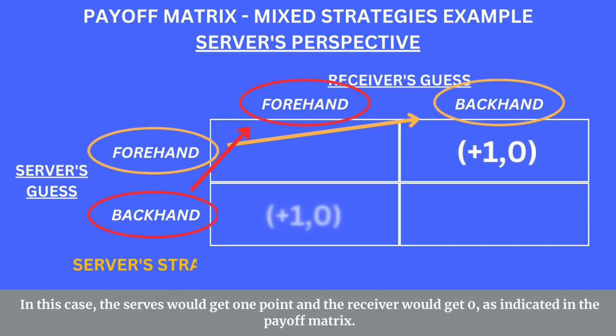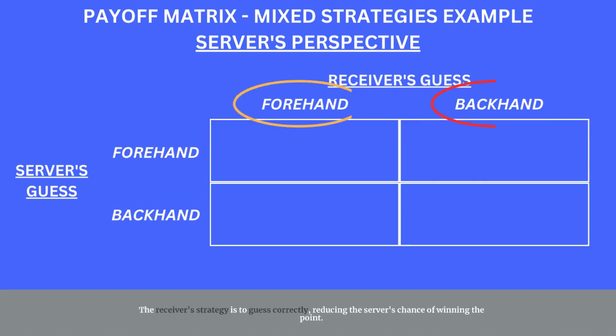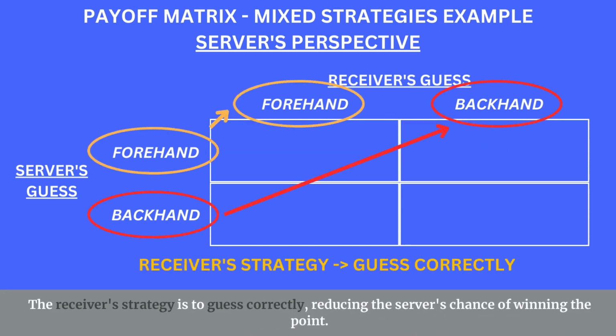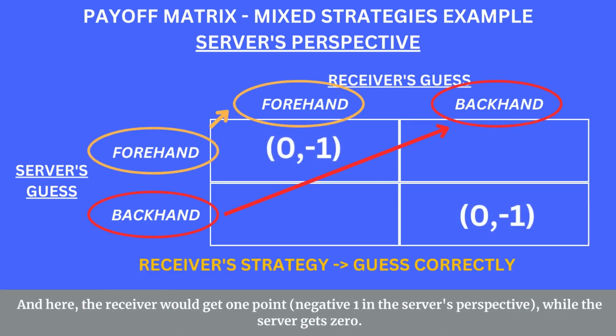In this case, the server would get 1 point and the receiver would get 0, as indicated in the payoff matrix. The receiver's strategy is to guess correctly, reducing the server's chance of winning the point. And here, the receiver would get 1 point, -1 from the server's perspective, while the server gets 0.